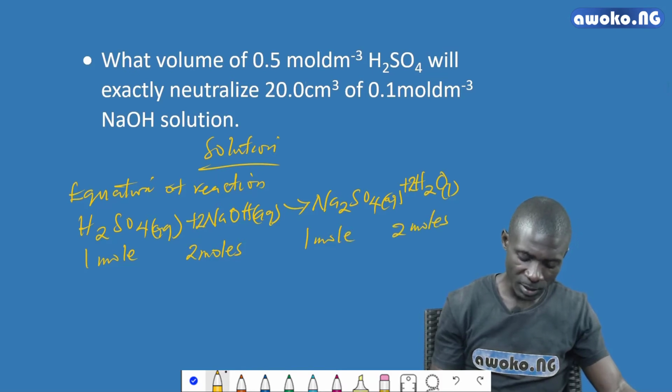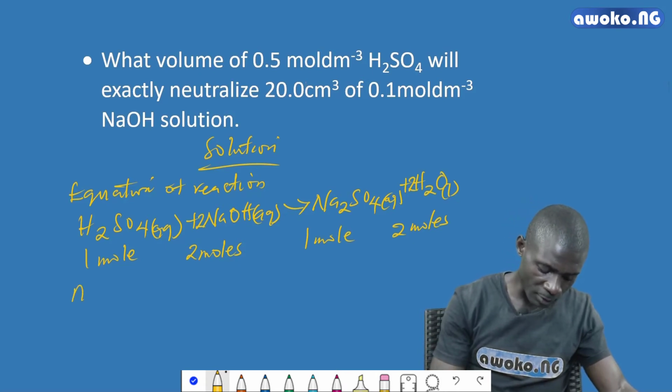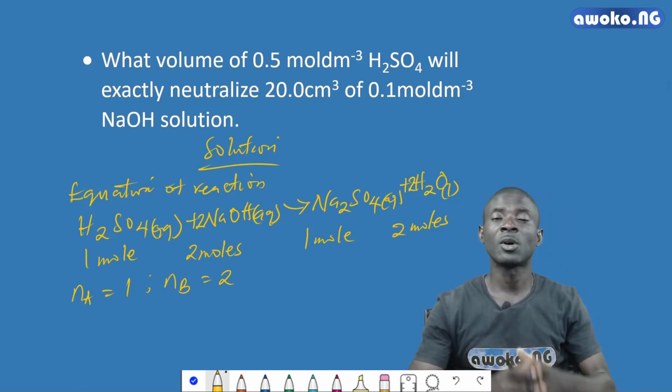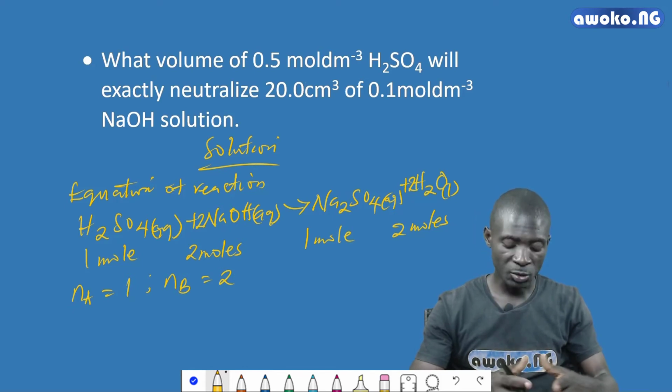So that is the balanced equation. From this equation, we have Na equal to 1, while our Nb is equal to 2. Na and Nb can only be obtained from the balanced chemical equation. Take note, there are no two ways about it.